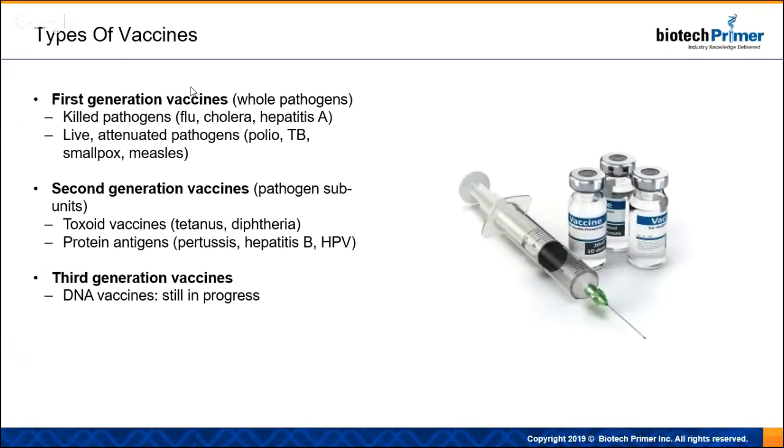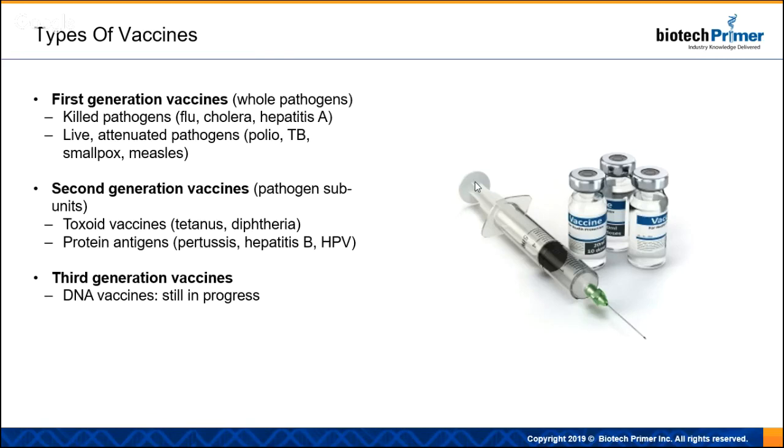We can add chemicals that will kill the virus. All these different ways of killing a pathogen and then injecting that into the patient so that those antigens, those proteins that activate a T cell and a B cell response, are present, but the virus is not able to replicate, not able to make the person sick.